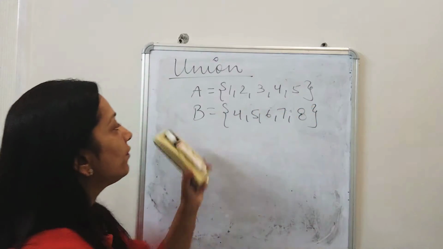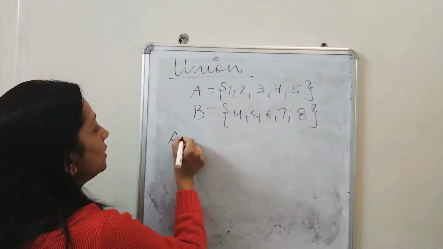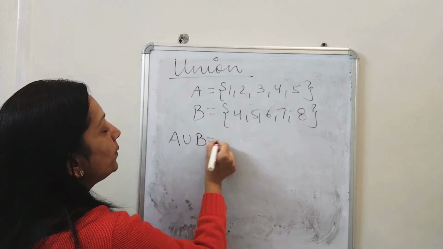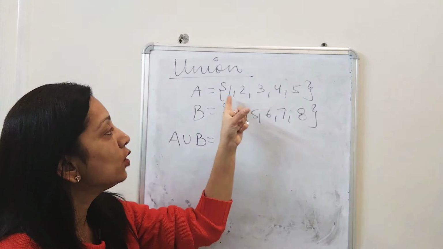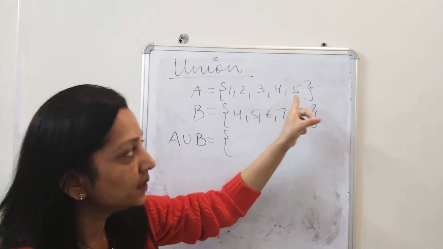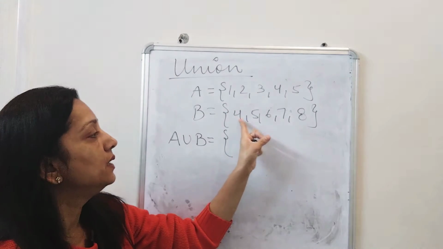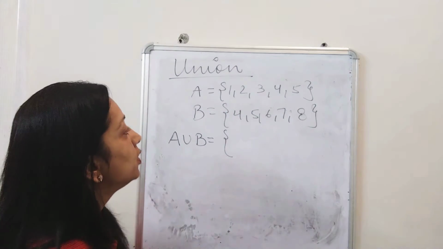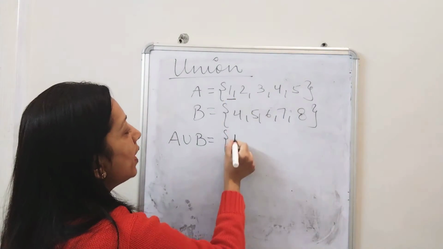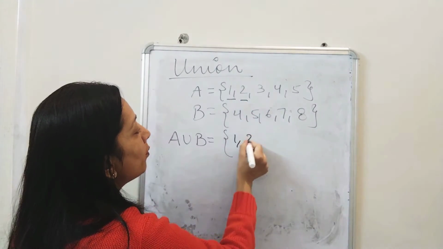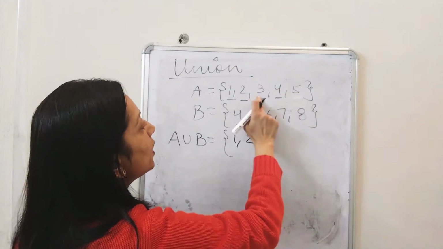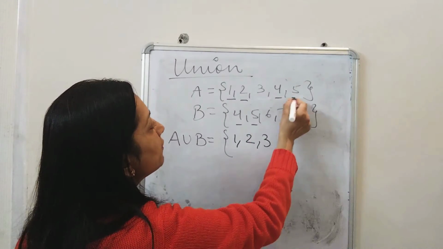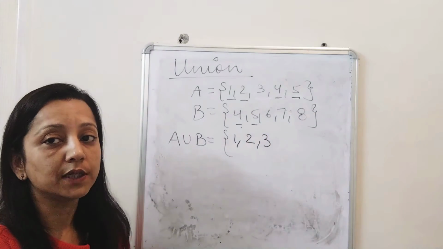So the resultant set which we will obtain after the union of A and B will be a set which will contain all the elements which are present in A and all the elements which are present in B. So what are the elements of A? 1 will be copied, 2 will be copied, 3 will be copied. Now 4 and 5 are common to both the sets.